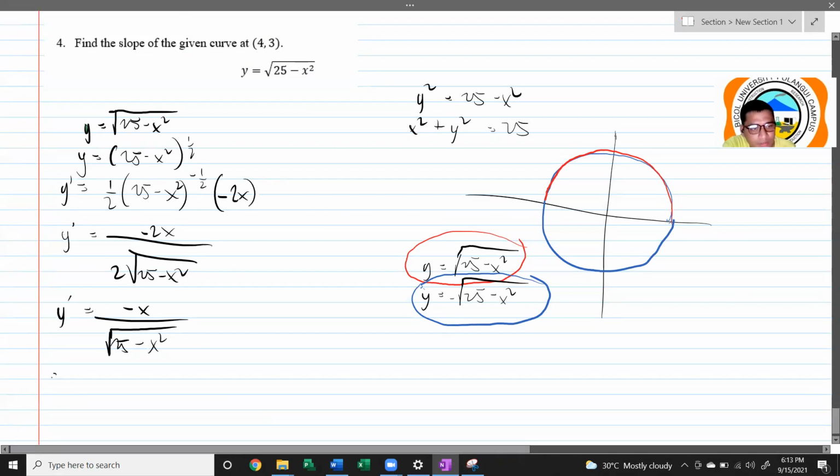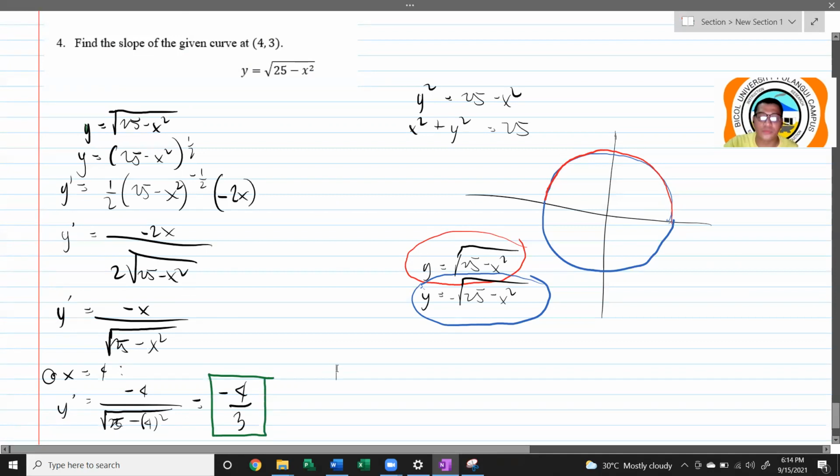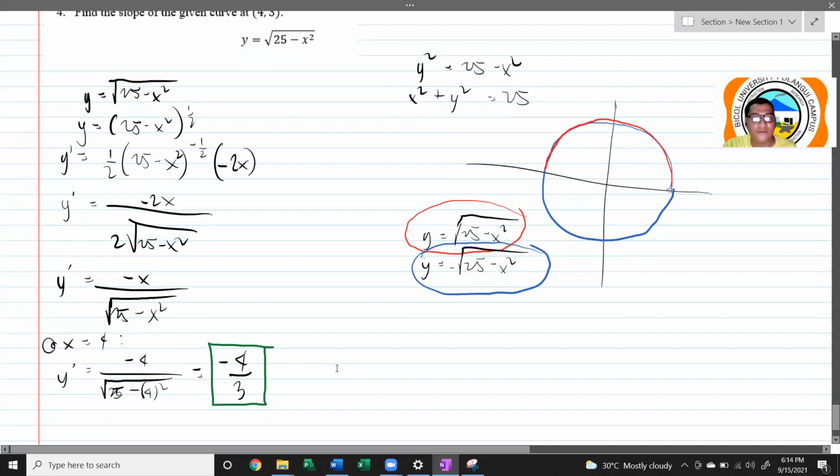At x equals 4, our y prime is equal to negative 4 over the square root of 25 minus 4 squared. So negative 4, and 25 minus 16 is 9, and the square root of 9 is 3. So our y prime is equal to negative 4 thirds. That is the slope of the curve at point (4, 3).